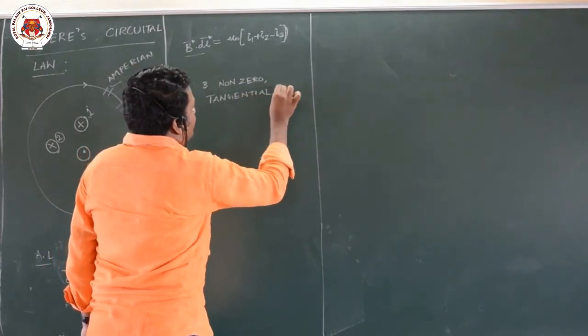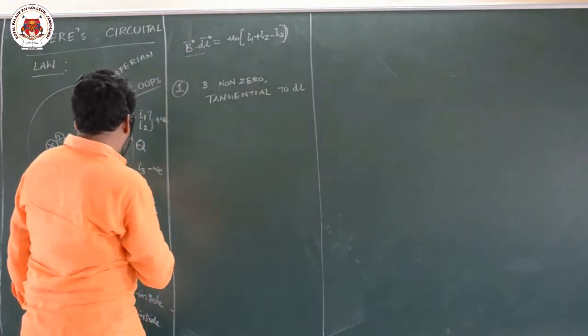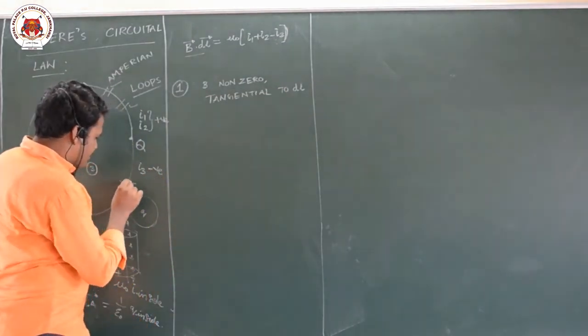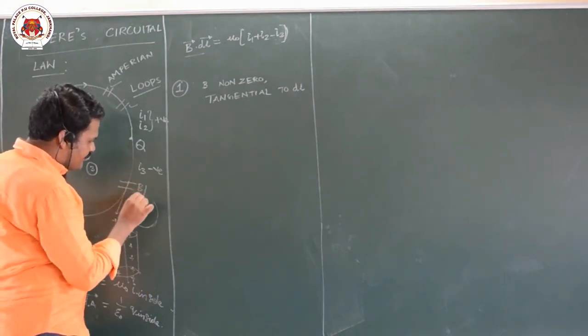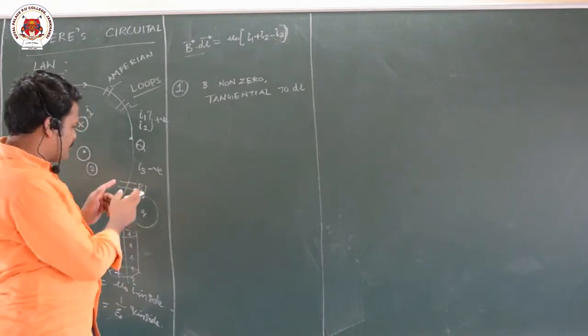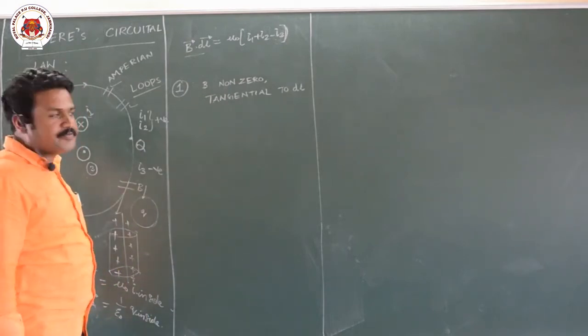That means suppose this is dl, B also should be tangential. B should be either parallel or anti-parallel, no problem.